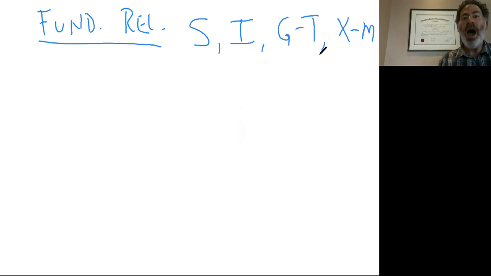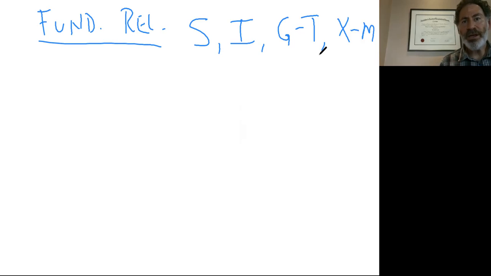So where does this come from? Well, let me help you out with this. There's a section talking about measuring the economy and output and GDP. There's the income approach and there's the expenditure approach.